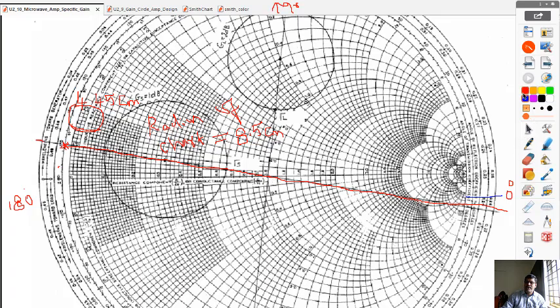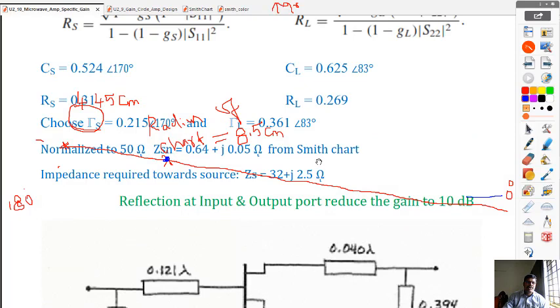So using a linear scale, you locate the 4.45 centimeter on the Smith chart. This is that point. So this point is the 4.45 centimeter.